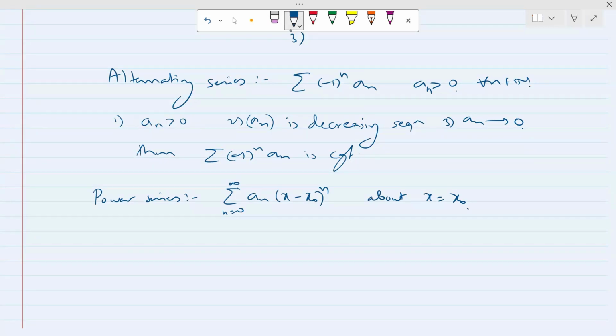Such a power series always converges at one point, and that one point is nothing but its center. At x equal to x0, it always converges. Apart from this, it may converge on an interval of the type x0 minus R, comma, x0 plus R. If this is the maximum possible interval on which the series converges, then we say R is the radius of convergence of that power series.